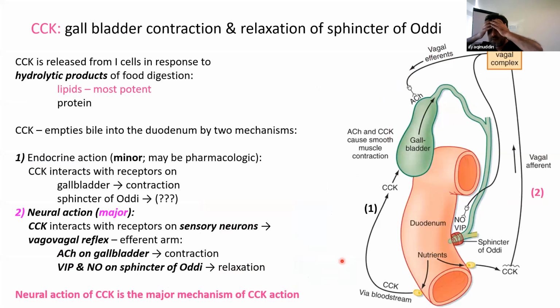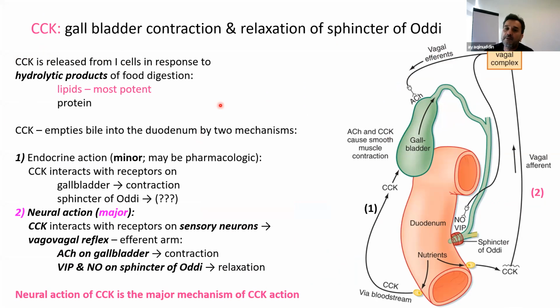Now the regulation: how gallbladder contraction and relaxation is controlled. The major controller is CCK, cholecystokinin, which is released by the I cells in response to the hydrolytic products of food. I cells are present in the duodenum.